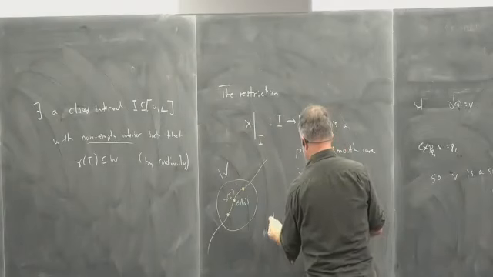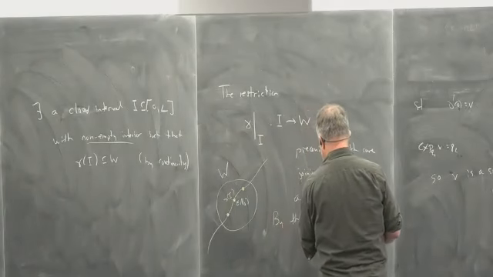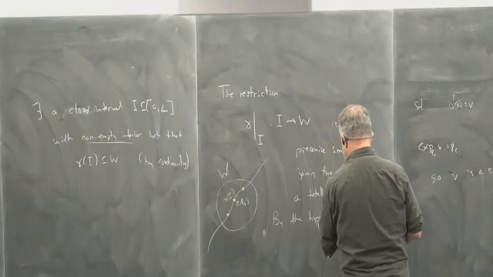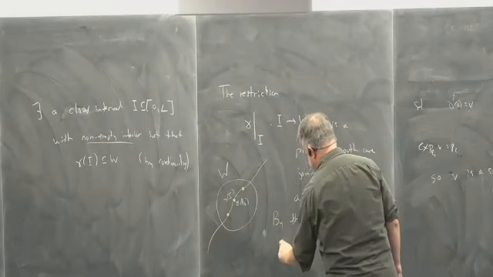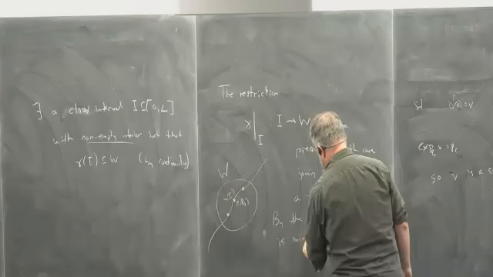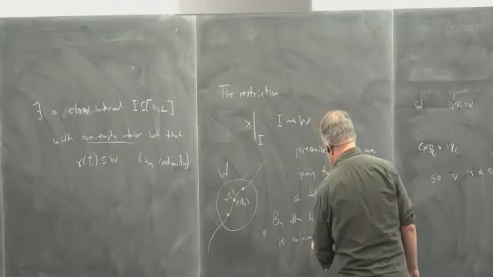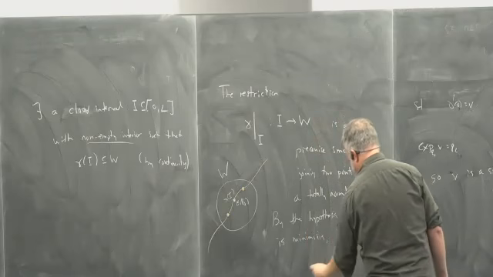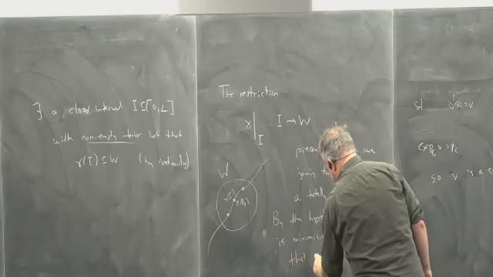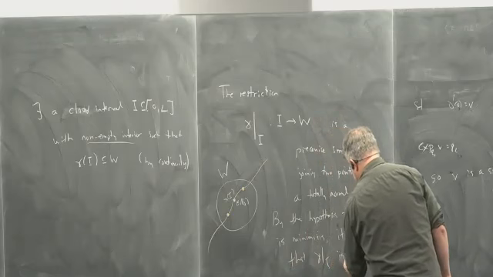By the hypothesis that gamma is minimizing, it follows that gamma restricted to I is minimizing.